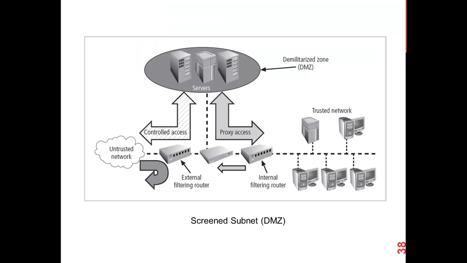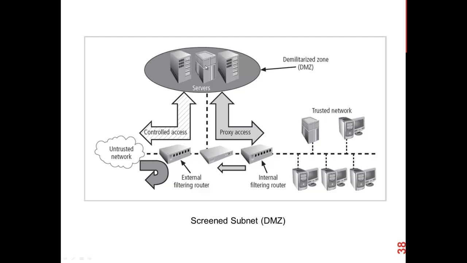Here's a representation of a screen subnet. Again, you have your untrusted network, and the external filtering router bounces traffic away that's not specifically designated for the particular network that we're working on. We use a firewall to create a DMZ or a screen subnet where we have perhaps some servers that we want to have limited access to from the outside.